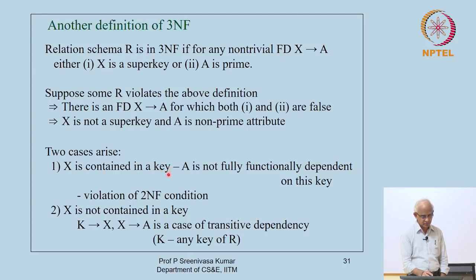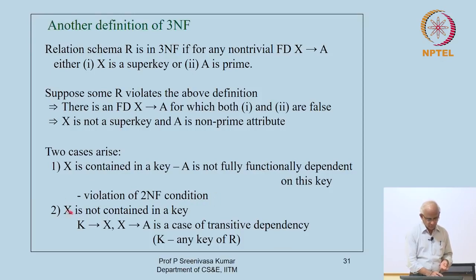Then there is a key K and x is contained inside that, and x determines A. What does that mean? There is a partial dependency. A is dependent on x, which is part of a key. So, A is not fully functionally dependent on that particular key. This violates the 2NF condition. Obviously, the relation cannot be in 3NF also, because it violates the 2NF itself.